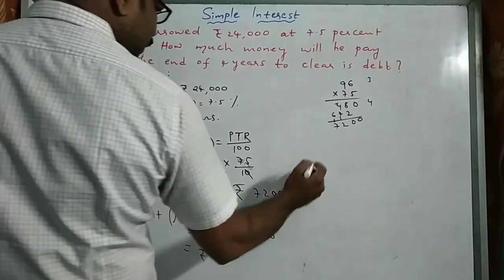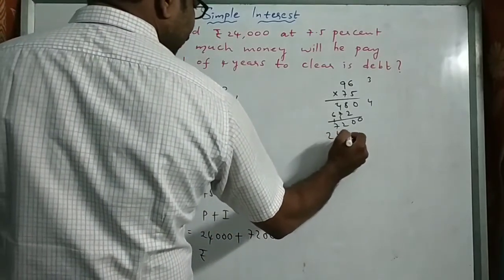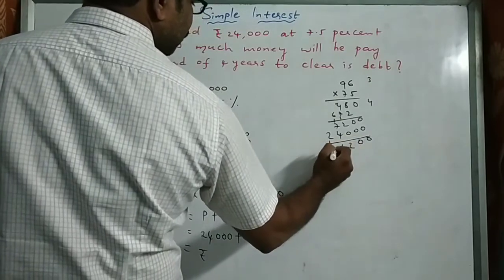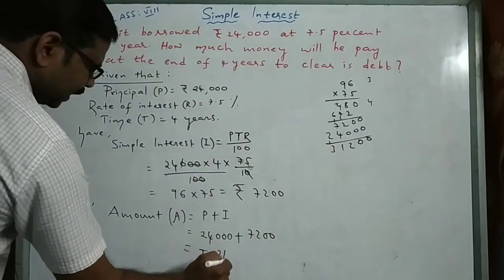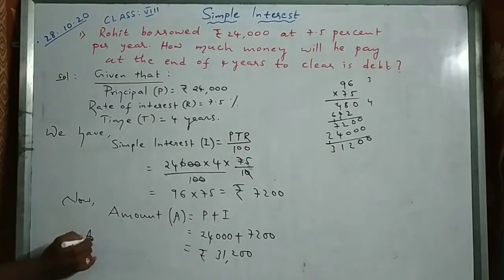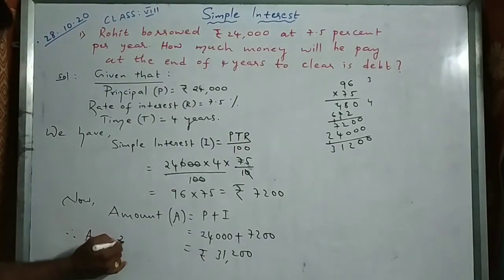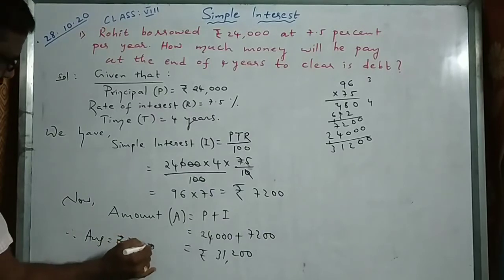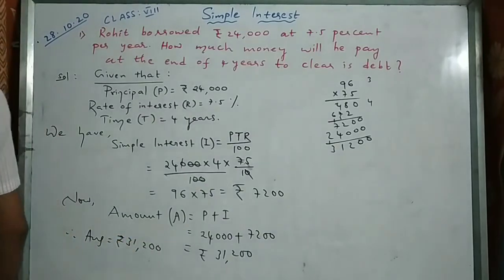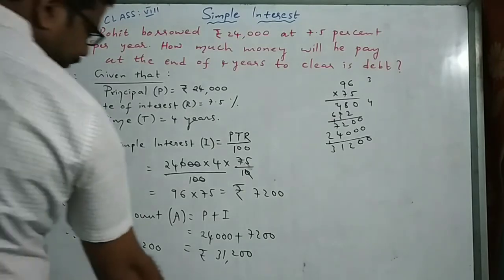Right? So 24,000 we must add here. 31,200. So at the end of the year, how much he has to pay? 31,200. That is the final answer. Clear?